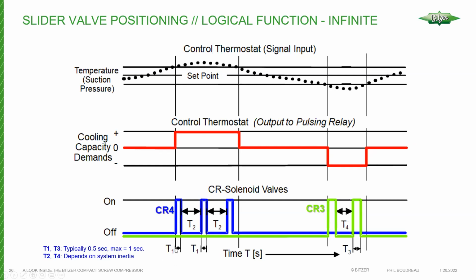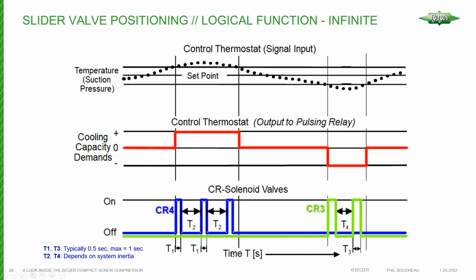Looking at the application manual for the compressor, there are guidelines in terms of setting this up, but initially the recommendation is 0.5 seconds up to a maximum of 1 second for your pulse times, which is your on time for CR4 and CR3.